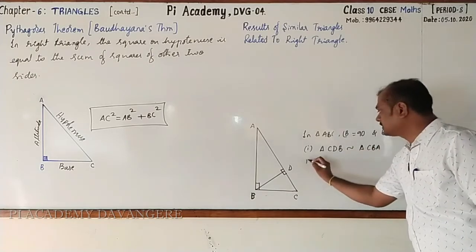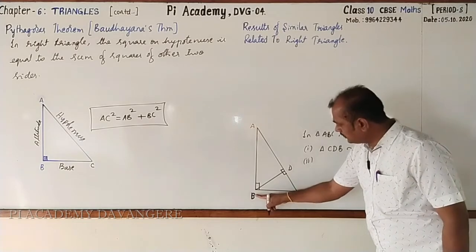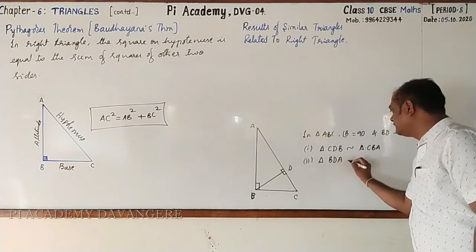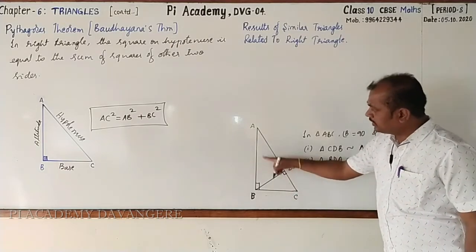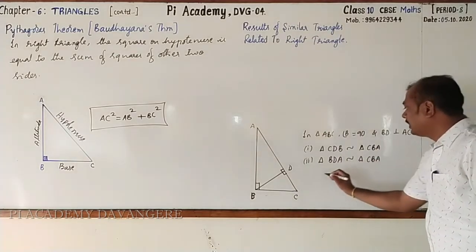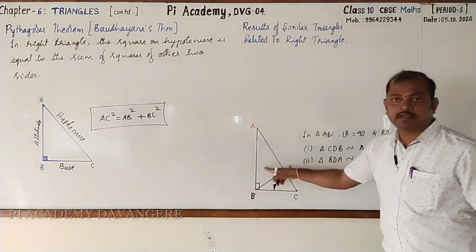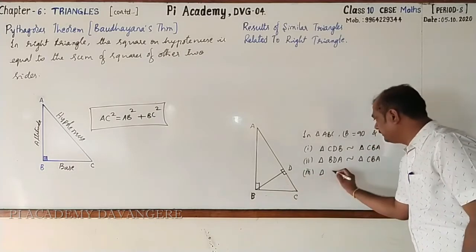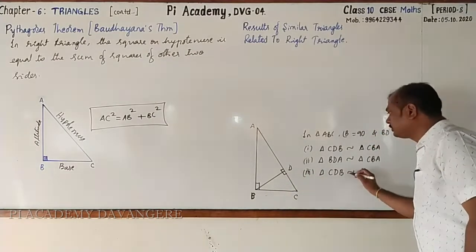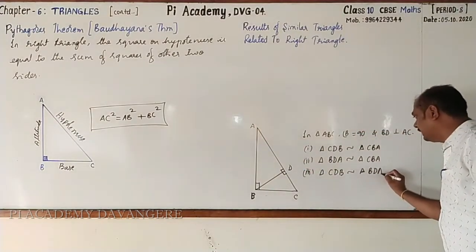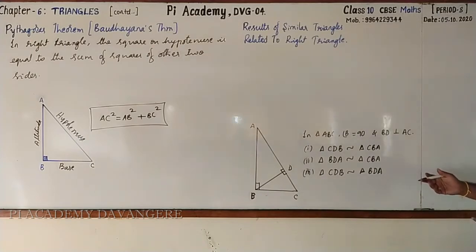Next, second one is triangle BDA, triangle BDA similar to triangle again CBA. And third one is, and these two triangles are also similar to one another. Triangle CDB is similar to triangle BDA.